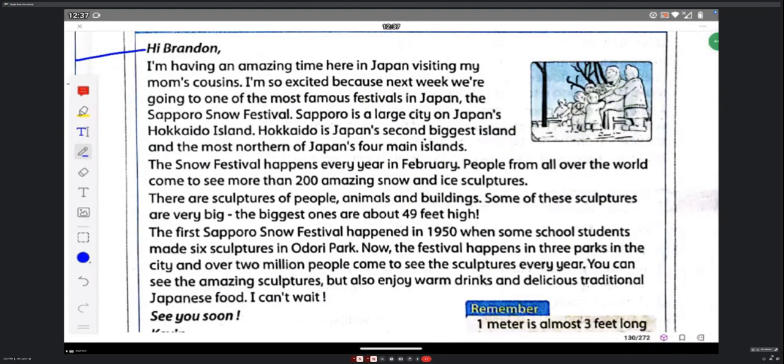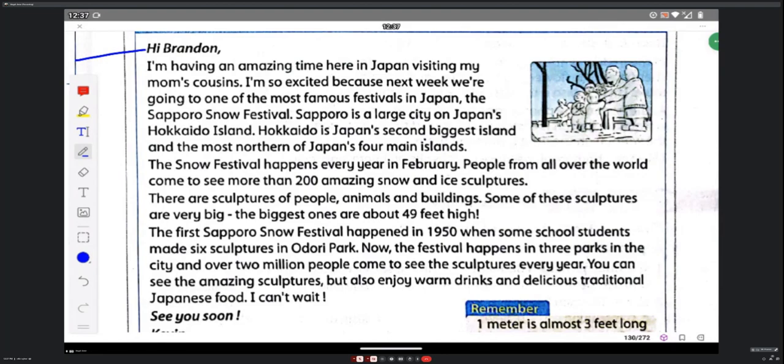Sapporo is a large city on Japan's Hokkaido island. Hokkaido is Japan's second biggest island, the most northern of Japan's four islands. The snow festival happens every year in February.